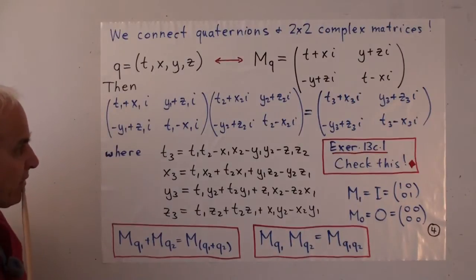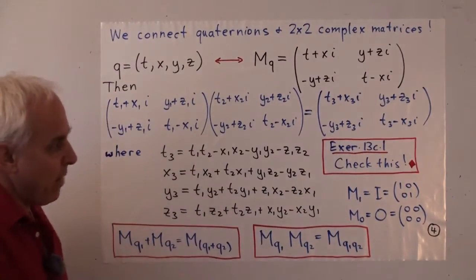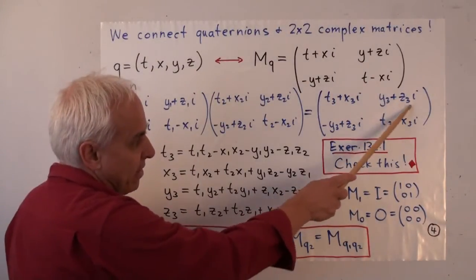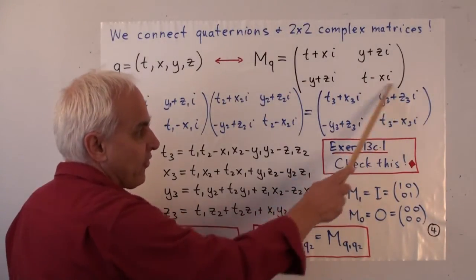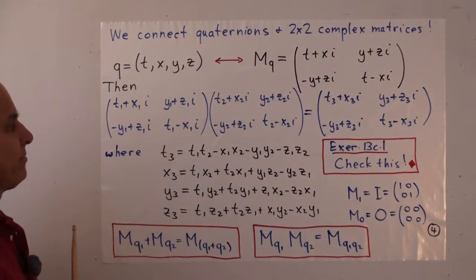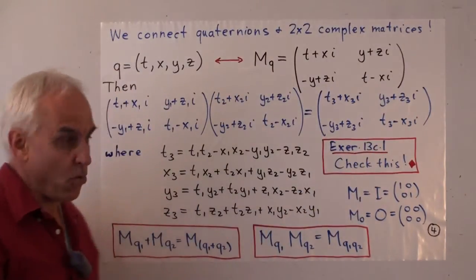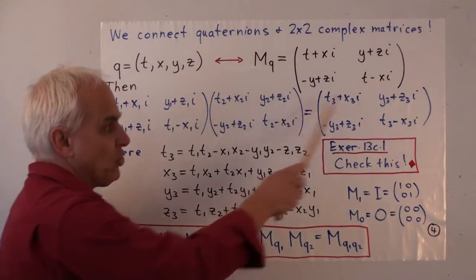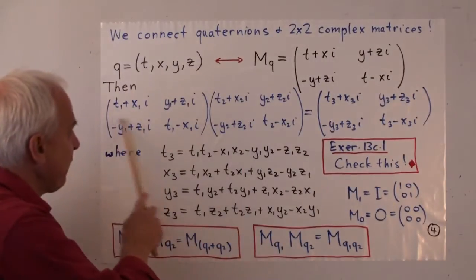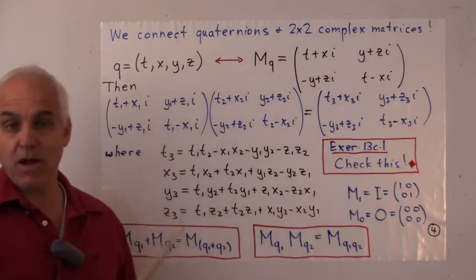So let's, for example, look at, say, z3. How would we get this z3, which is the imaginary part of this entry here in the top right-hand corner? I remind you that to get the top right-hand entry, which is really the 1, 2 entry of this matrix, we take the first row of this matrix and the second column of this matrix, and we multiply them.